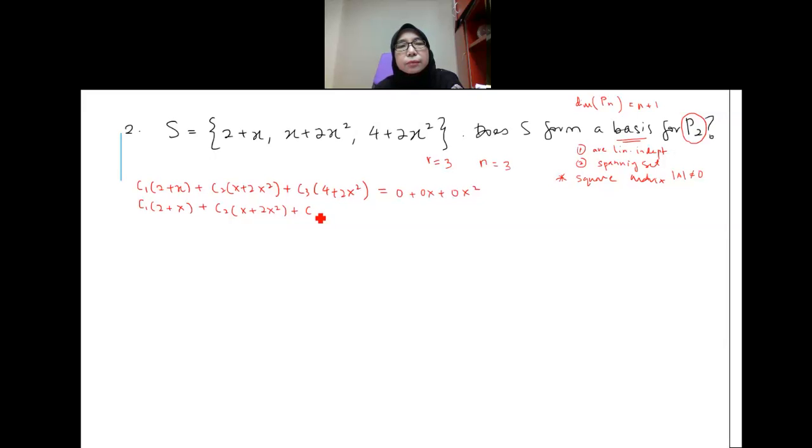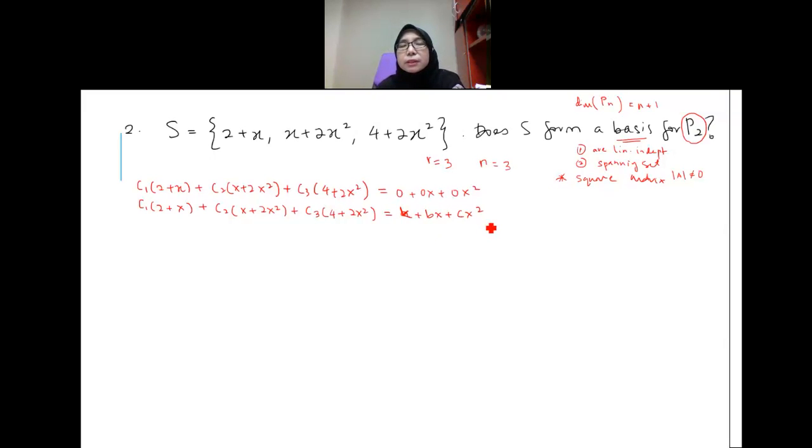That means in polynomials of degree 2. So let's say I just write a, b, c, or you can write the constant part as k, any variable: k plus bx plus cx squared. This we call an arbitrary vector in P2.